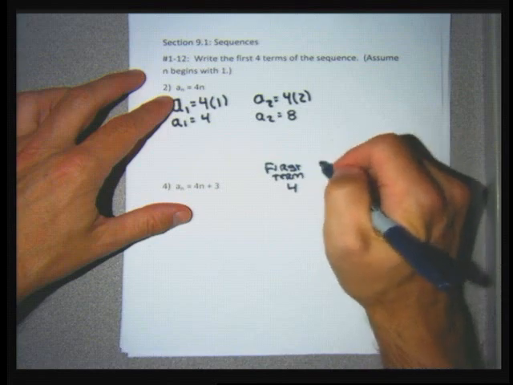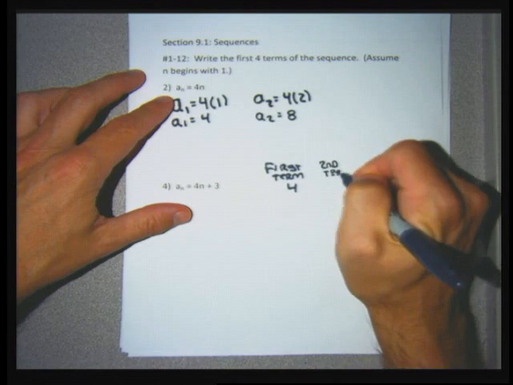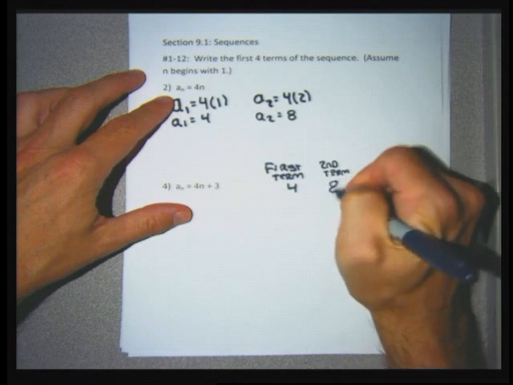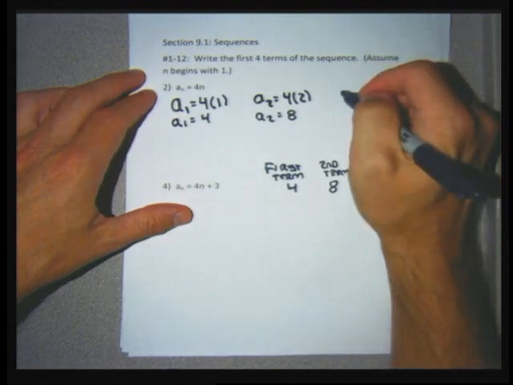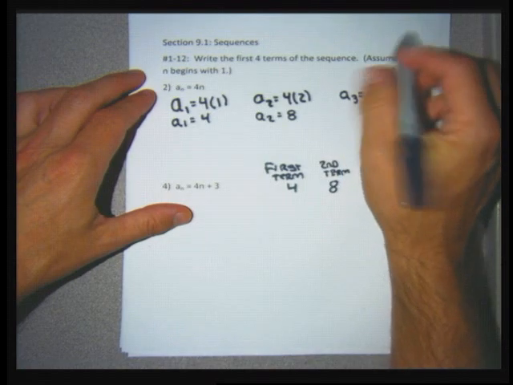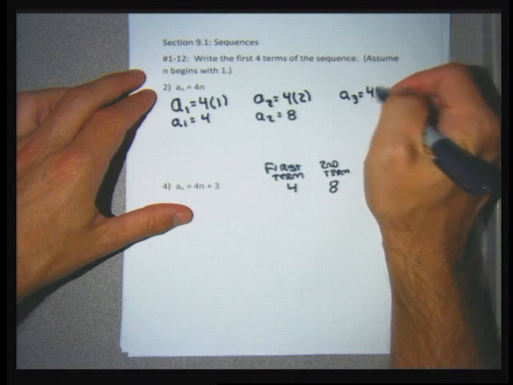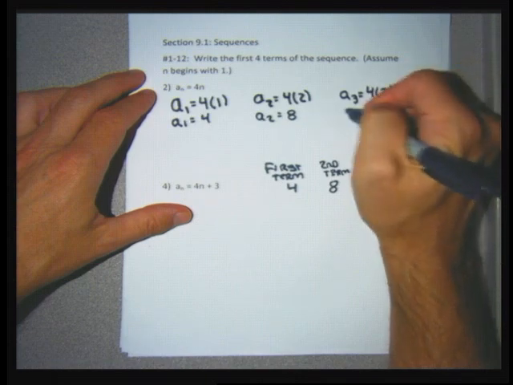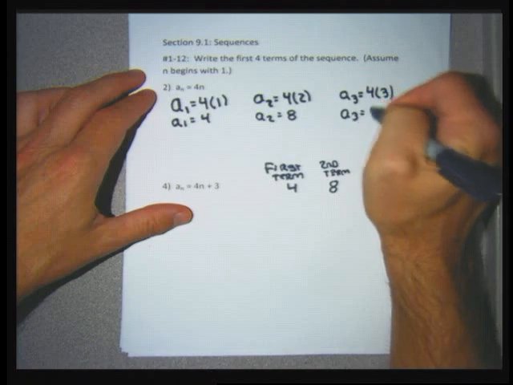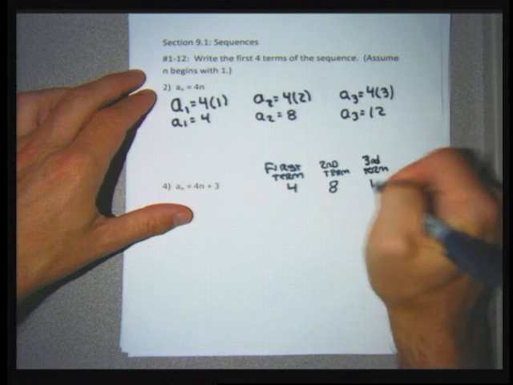So in this particular sequence, the second term is the number 8. If I plug in 3 on either side of the equal sign for n, I get a sub 3, which means the third term in this list or sequence is 4 times 3, and that gives me a sub 3 equals 12. So the third term is 12.